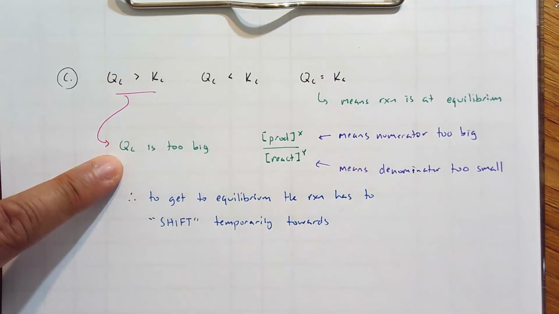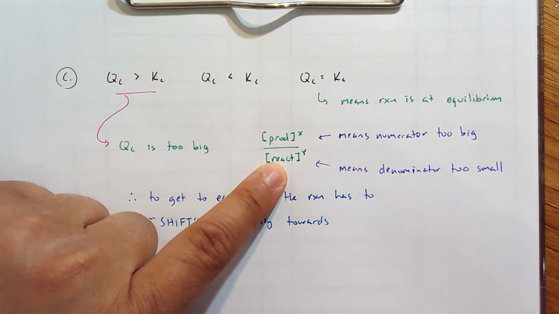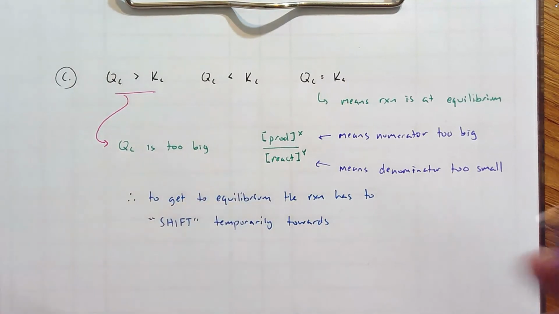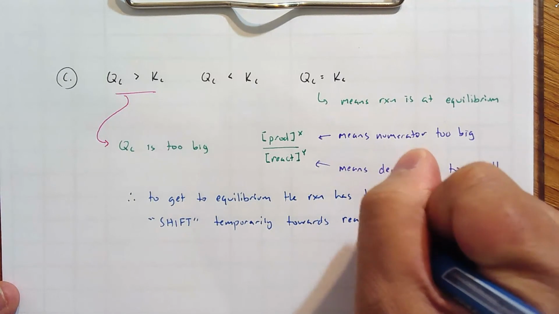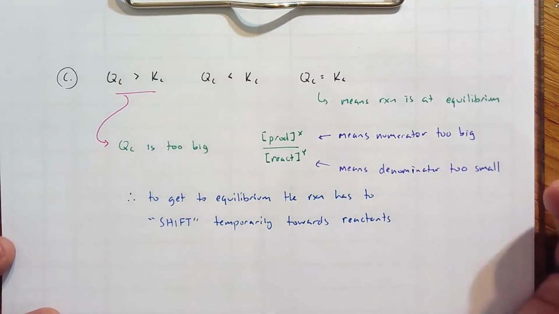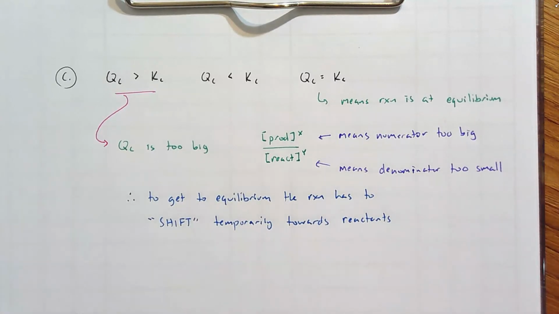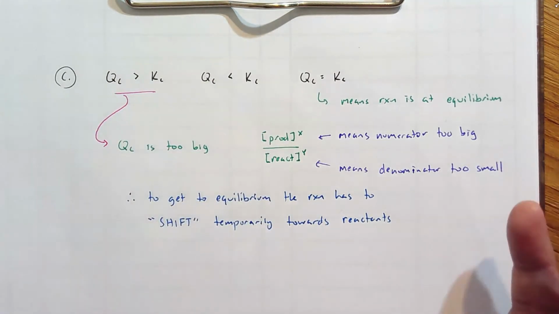Because Qc is too big, we got to get this number, the denominator, bigger. So it temporarily shifts towards the reactants until equilibrium is reached. Okay? And then you're good. Qc equals Kc, and there is no shifting anymore.